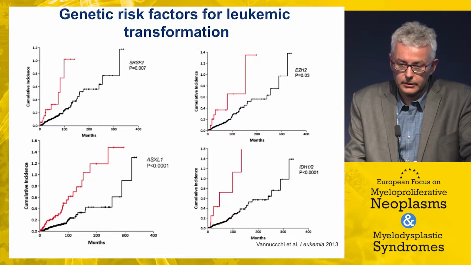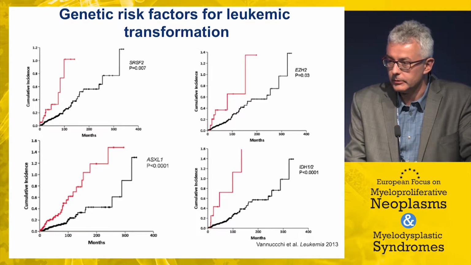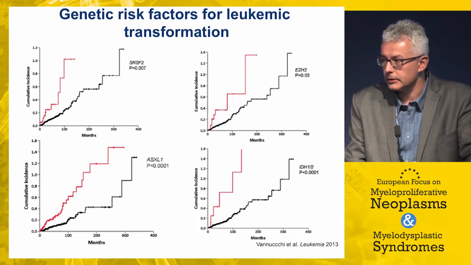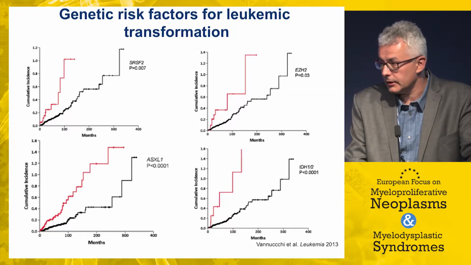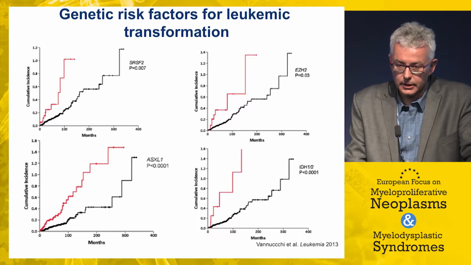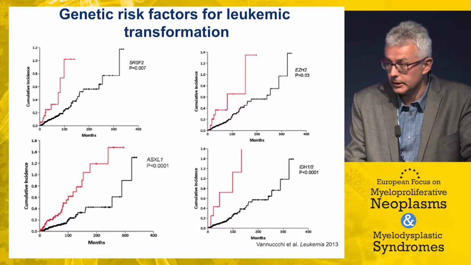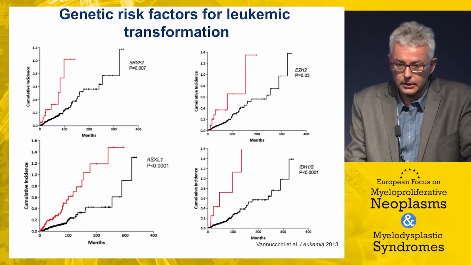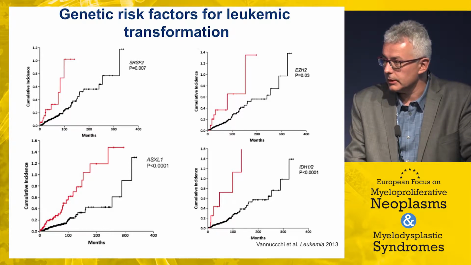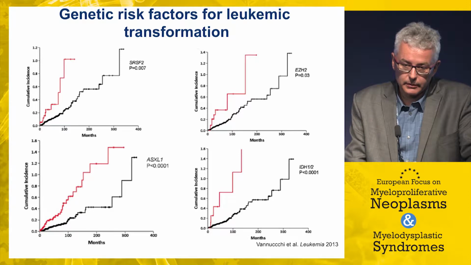And these names or abbreviations for these particular genetic abnormalities are perhaps important to remember at least for a few minutes, because we'll come back to that as we try to develop medications for these conditions. And we have, at least where I am at the moment, medications that are targeting particularly, for example, IDH mutations and splicing gene abnormalities as well. So these medications might be useful in the situations of transformation of patients with post-MPN acute myeloid leukemia.